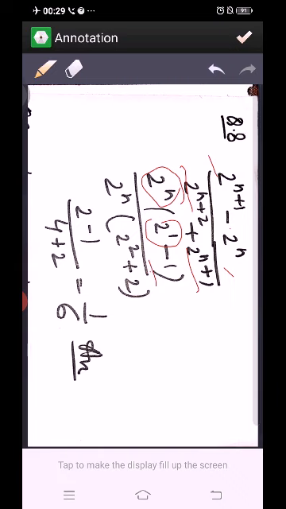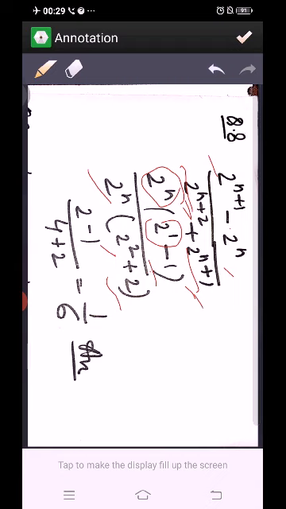If we take out 2 power n plus 1, then it will look very difficult. So better, what we have taken in the numerator, the same thing we take here also, 2 power n. Then 2 power 2 is left and 2 power 1 is left.